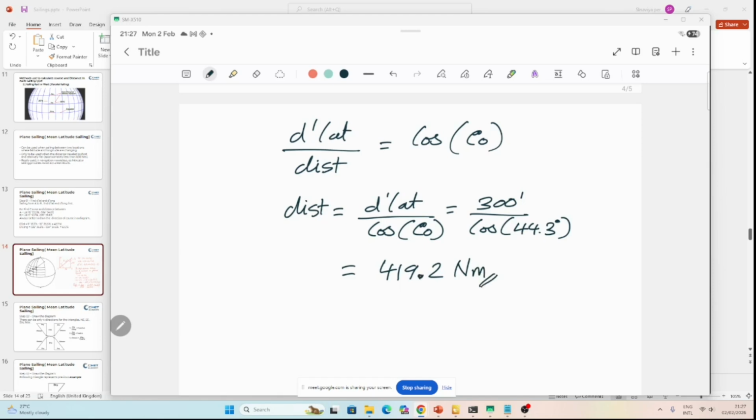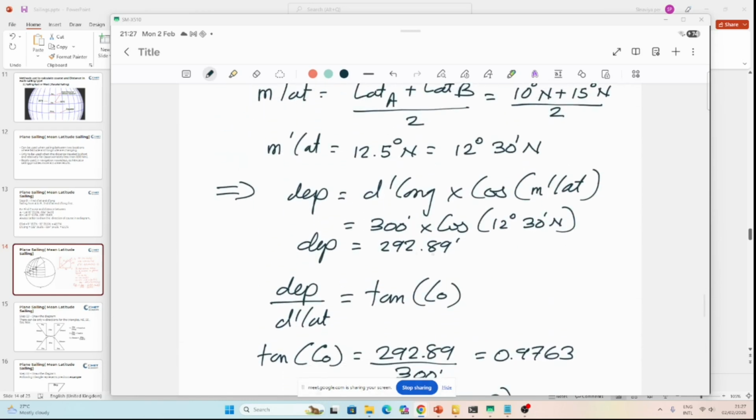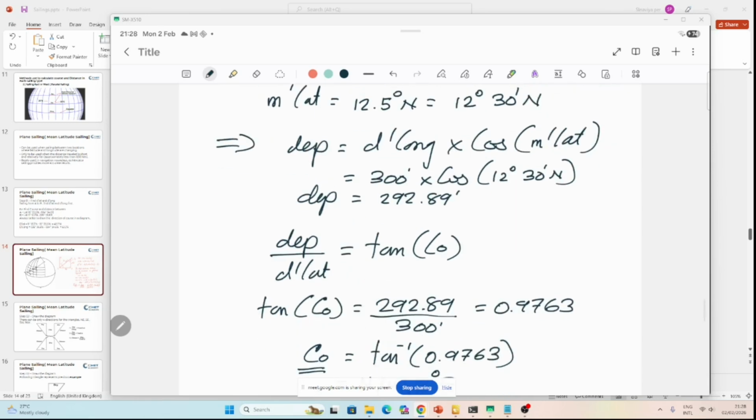Always make sure that you write 1 decimal place for your distance. Okay, you always write 1 decimal place. Previously I showed you, when you're writing the departure, you can round it up after you show the departure, but if you are using a departure for any calculation, make sure that you use your decimal places.